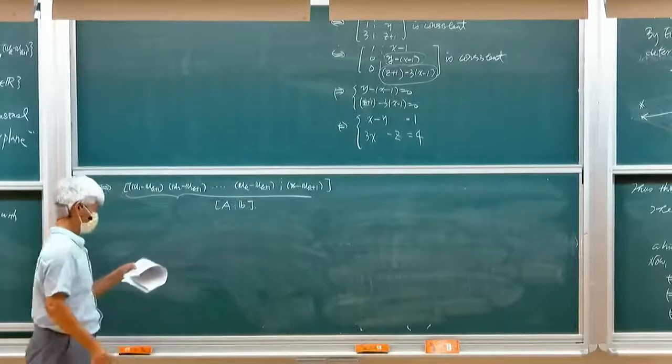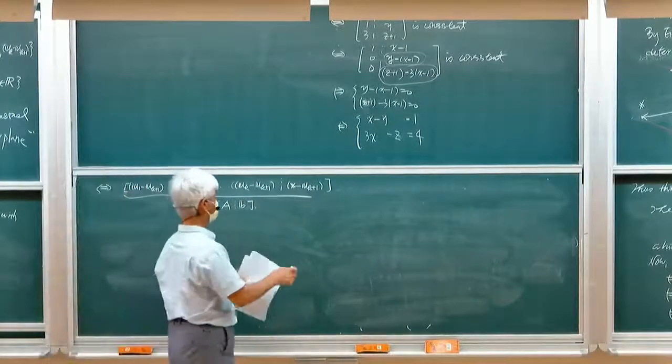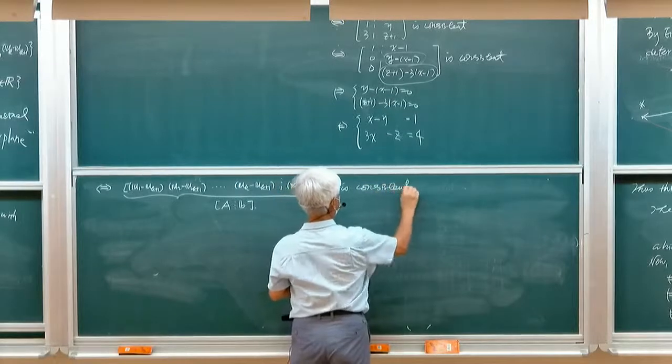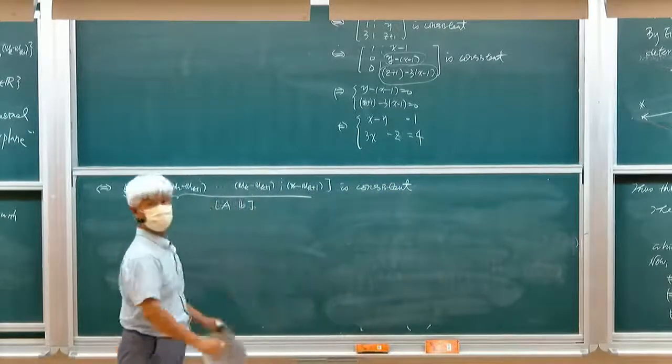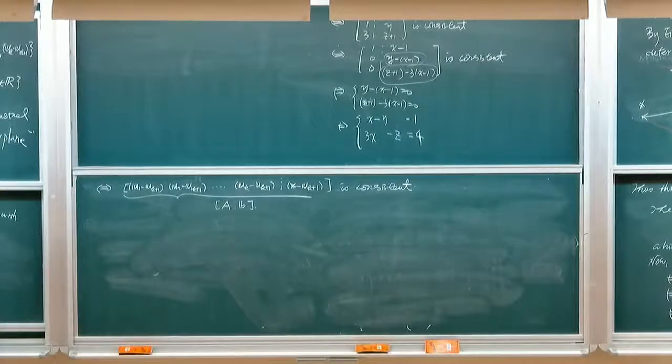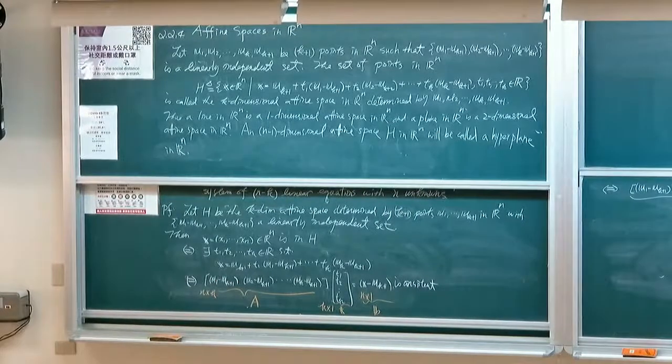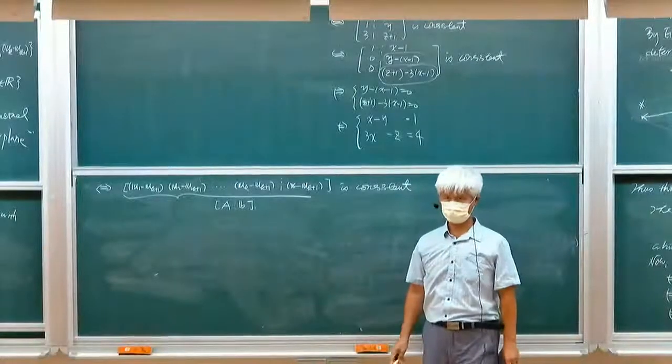So the augmented matrix is consistent. Any questions up to now? So x is a point in the affine space H if and only if this augmented matrix is consistent.